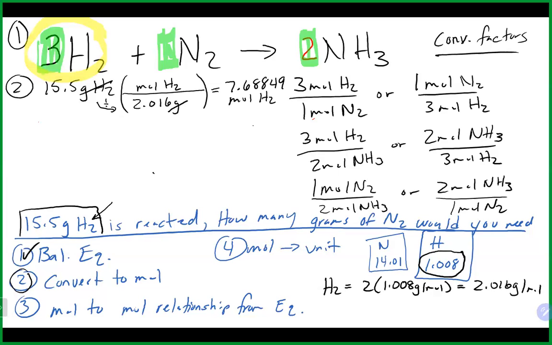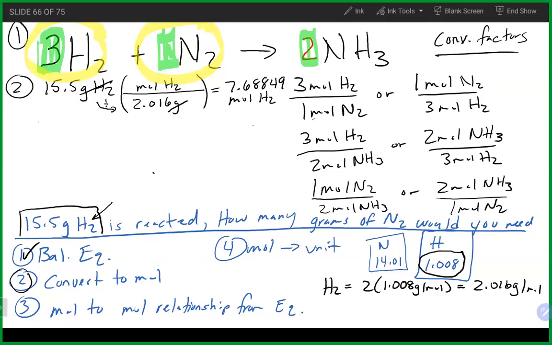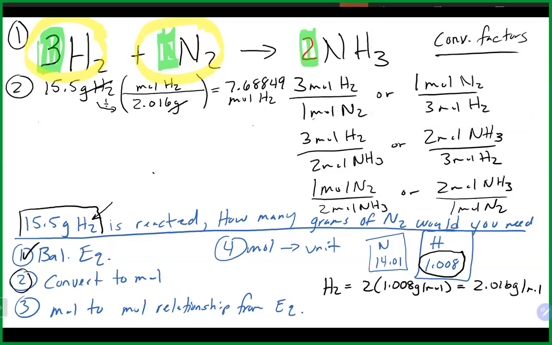And the other thing that we're interested in is what we're trying to find. In this case, we're trying to find, as a question earlier, nitrogen, right? So this is where we're going to use nitrogen, the relationship between these two. And I did have to erase it for a little bit of space, but as we had up there earlier, we used the coefficients, and we see that that is 3 moles of H2 give us 1 mole of N2.